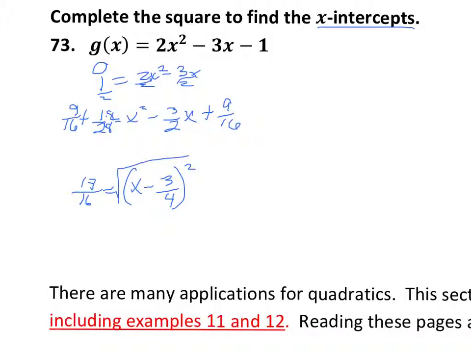Square root both sides. And I'm just going to switch sides here. So we get x minus 3/4 equals plus or minus root 17 over the square root of 16. What's the square root of 16? 4. And then we add 3/4 to both sides. So that equals positive 3 plus or minus the square root of 17 all over 4.